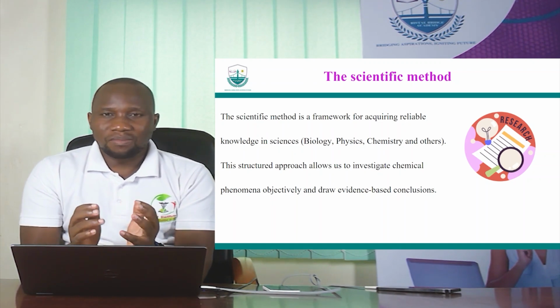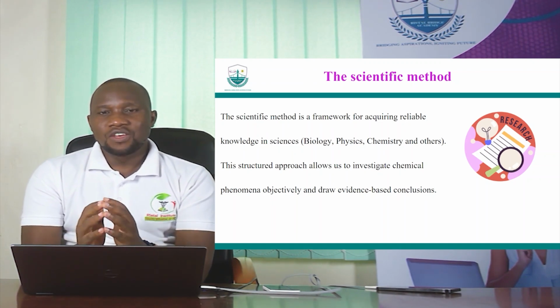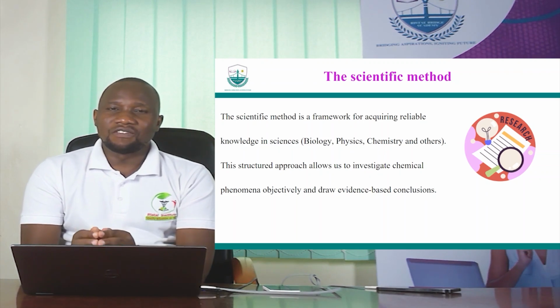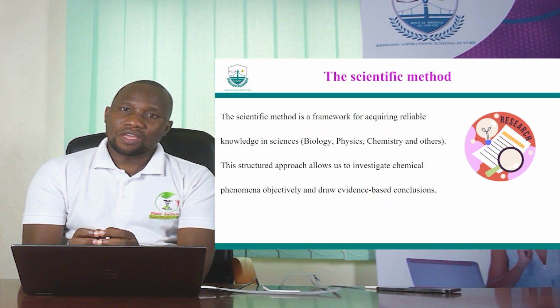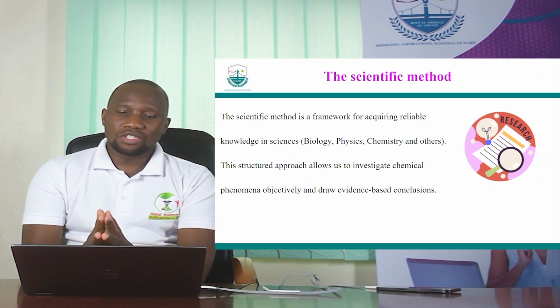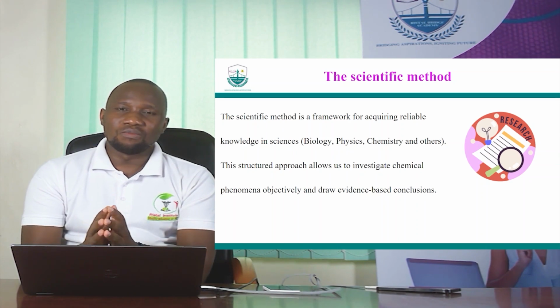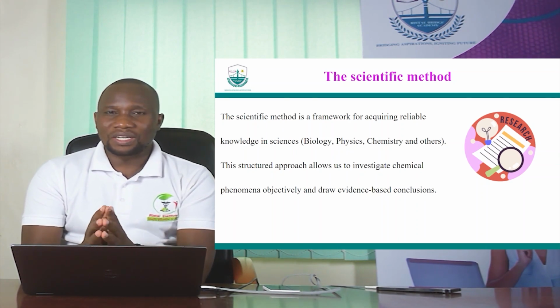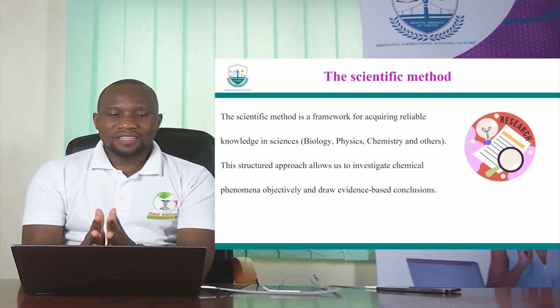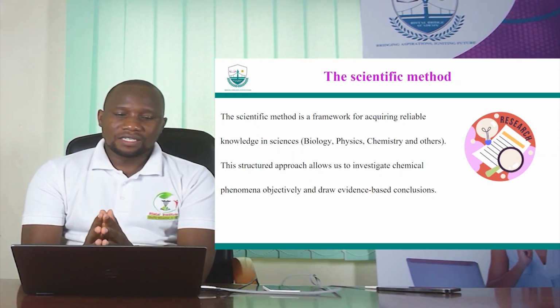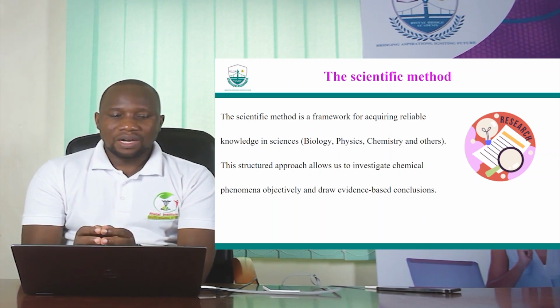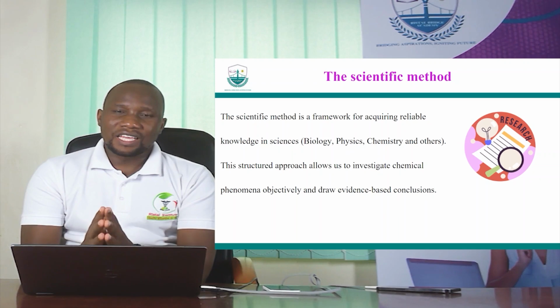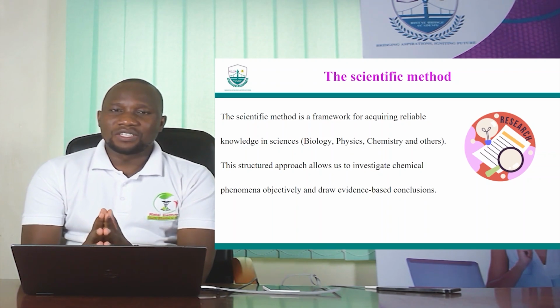Whether it is biology, chemistry, or physics, we use the scientific approach in investigating matters, in inquiring about concepts. It could be observations, it could be theories. We want to prove whether these are actually right or wrong. So we can say that the scientific method is an approach that allows us to investigate scientific matters objectively such that we can draw the right conclusion.